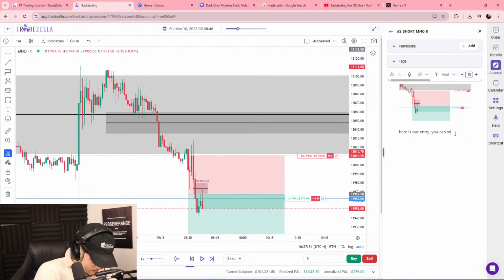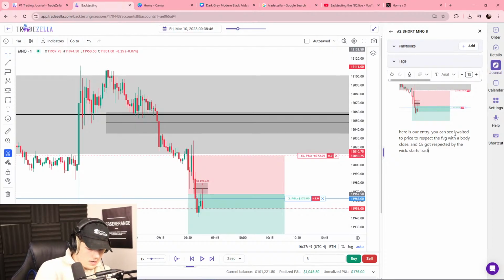You can see I waited for price to respect the Ferrega with a body close, and CE got respected by the wick.